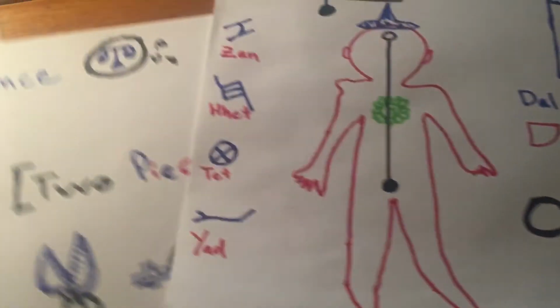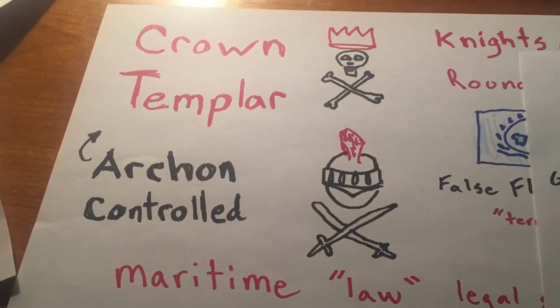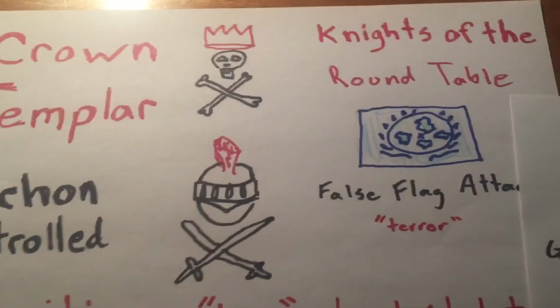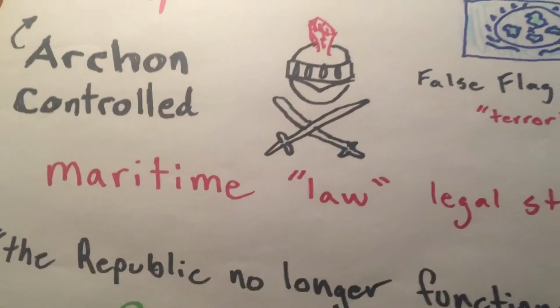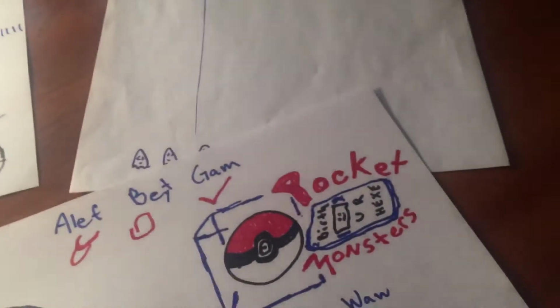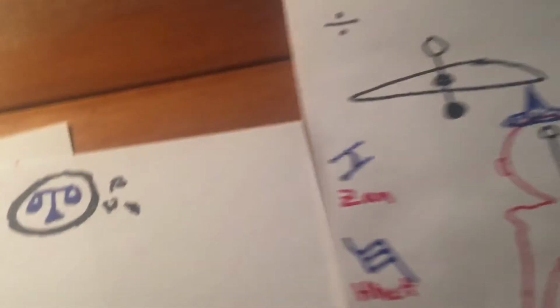And that's why you do all these crazy things, like the archons who are controlling this Crown Templar United Nations business. I got lost here. Okay.